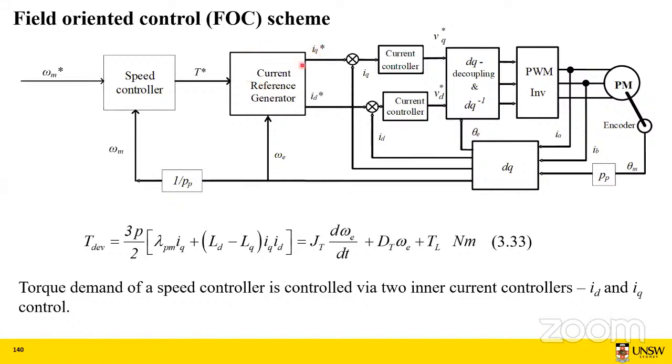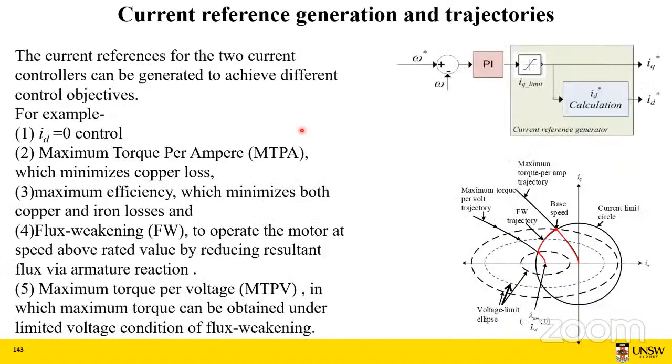What should be the IQ reference? What should be the ID reference? They can be determined from these operating conditions, whichever you are operating in. Accordingly, you can calculate the reference values for your ID and IQ.